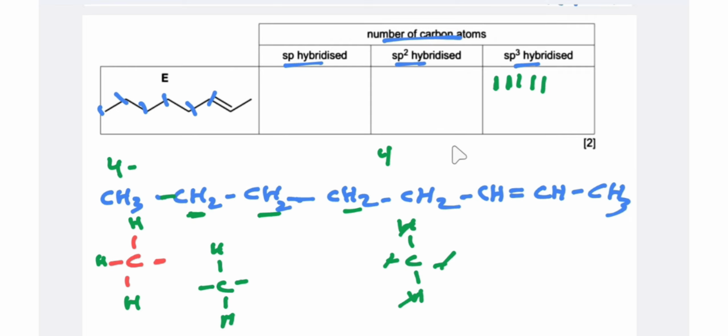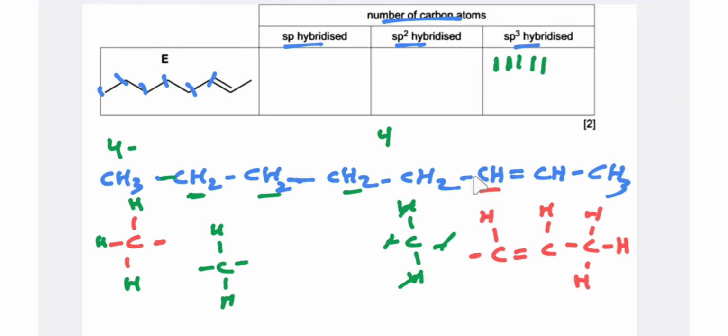And for this carbon, there is a bond, then a hydrogen attached and this double bond, that is CH. Now we draw this structure like this. This carbon is attached to hydrogen and this carbon and this carbon.